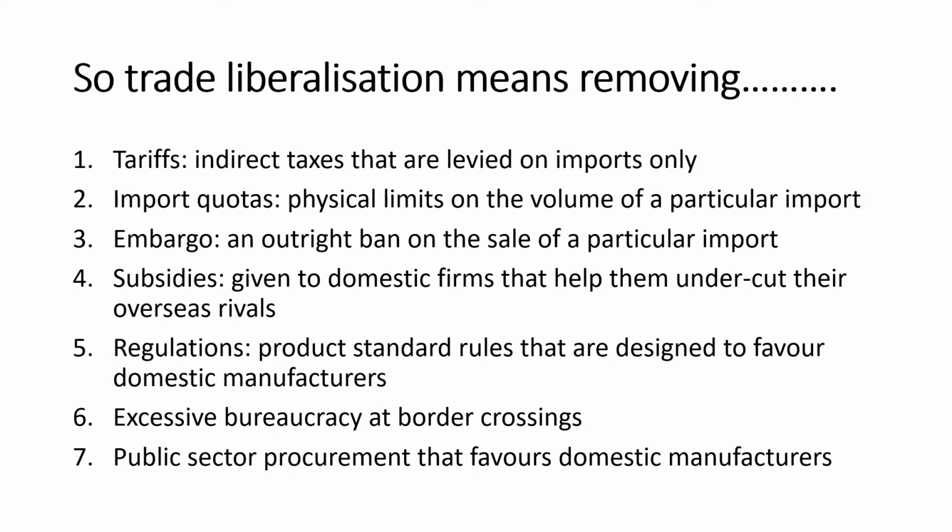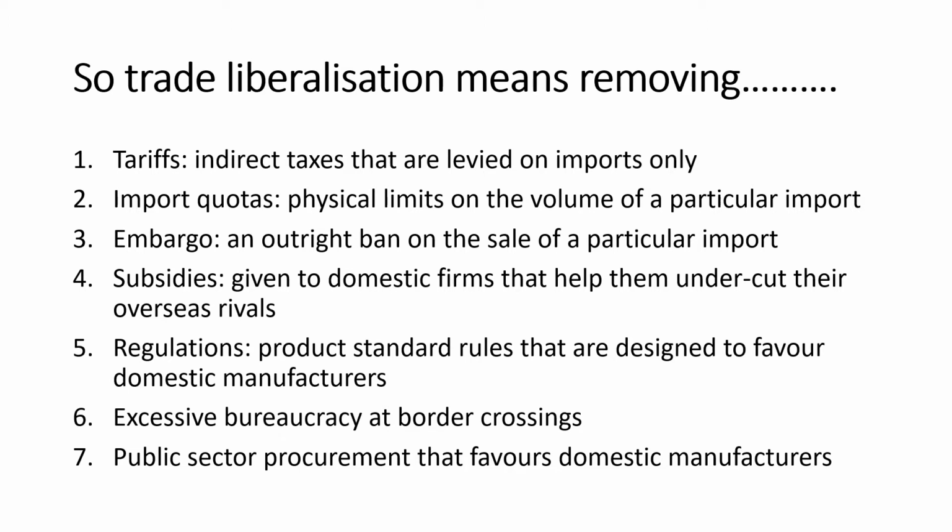So my favourite example of this would be Italy, where you can still see Italian policemen driving around in Lamborghinis. That's an example of a public sector procurement or buying policy that favours domestic manufacturers, in this case Lamborghini, which is an Italian company, and it favours them over Italian taxpayers.